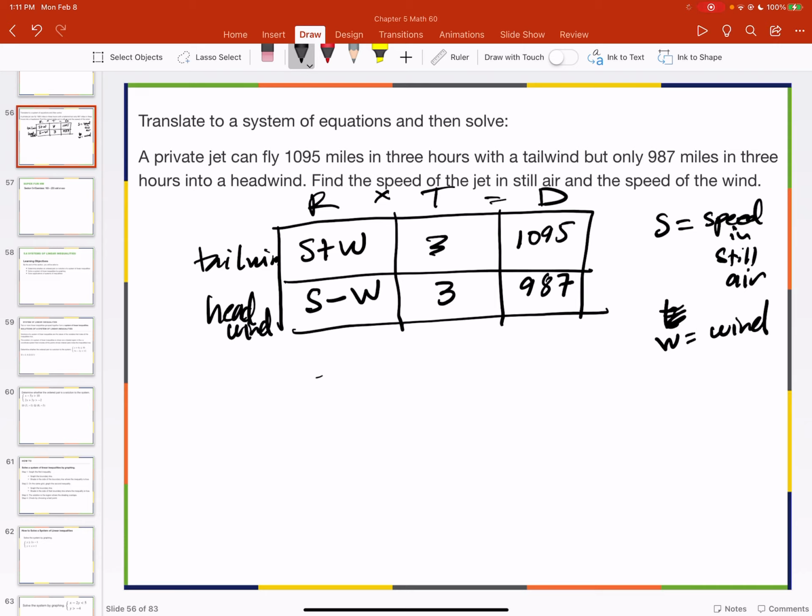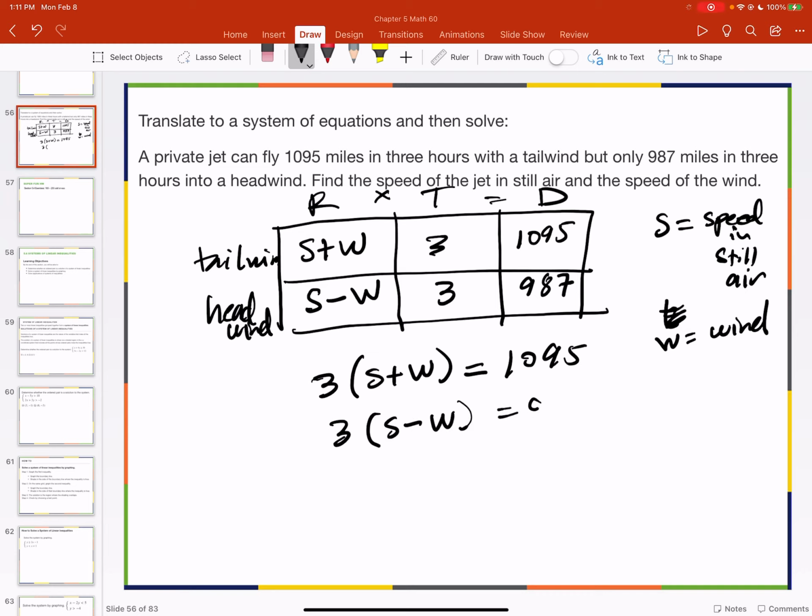So writing the two equations, 3 times S plus W is equal to 1,095, and 3 times S minus W is equal to 987. If I distribute, I would get 3S plus 3W equals 1095, and 3S minus 3W is equal to 987.